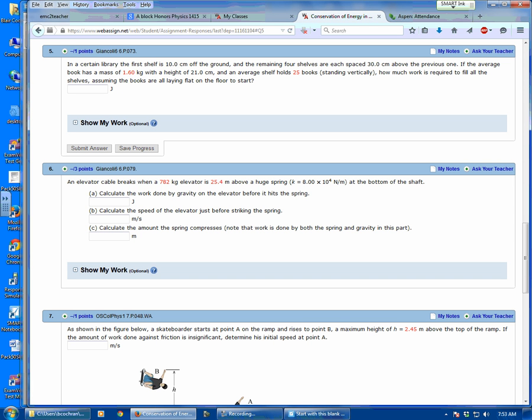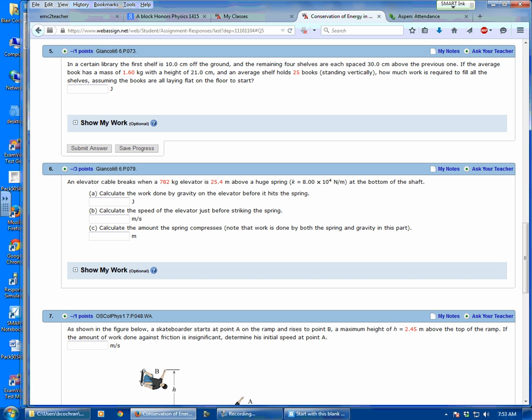And really, the main focus of this problem is the idea that when you do work on something and you change its position, what type of energy are you giving it? It changes position, potential. Remember, position, potential.